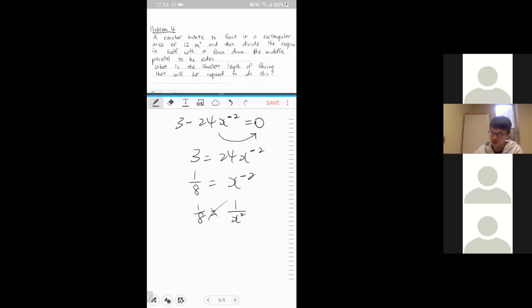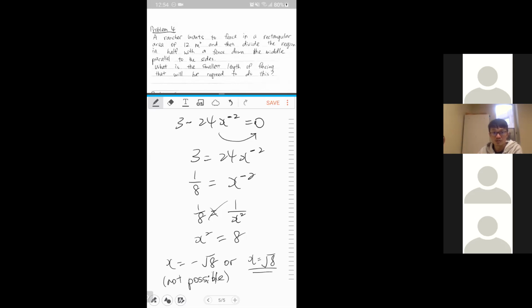You can cross multiply and get x squared equals 8, which gives you x equals plus or minus root 8. The negative is not possible because we're talking about length, so it should be positive. Which means this is your only critical point.